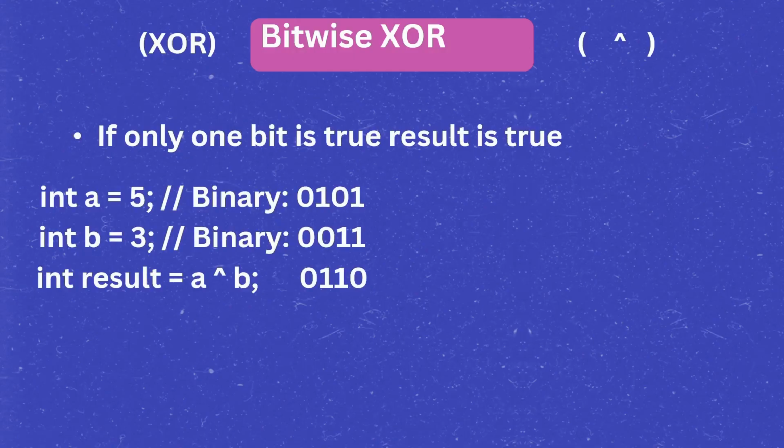Bitwise AND was if both bits are true, then only the output bit is true. Bitwise OR was if at least one bit is true, the output is true. Bitwise XOR is if only one bit is true, the output is true. So this is all about the bitwise operators.